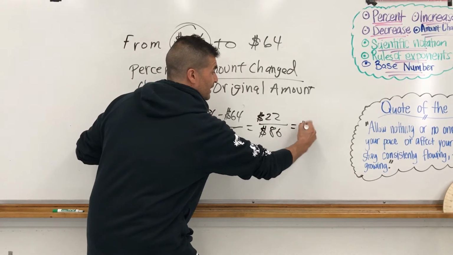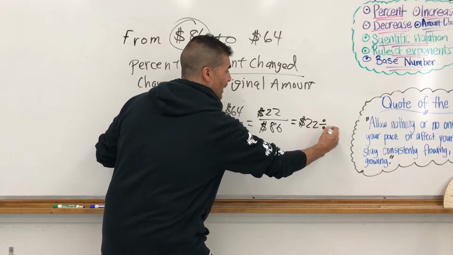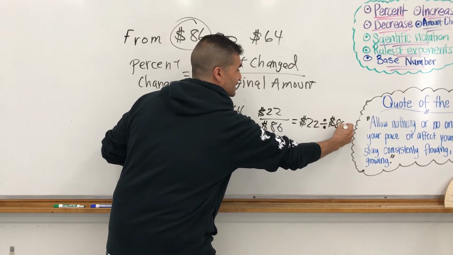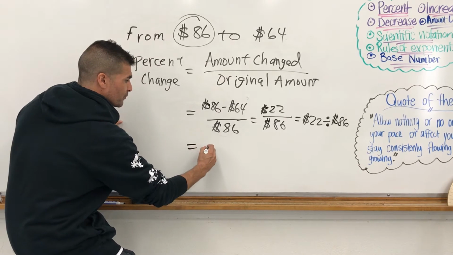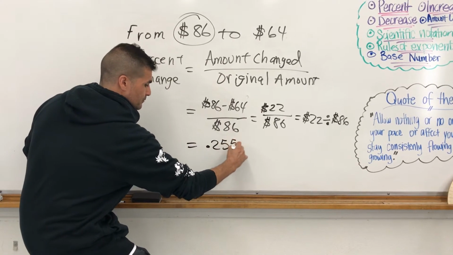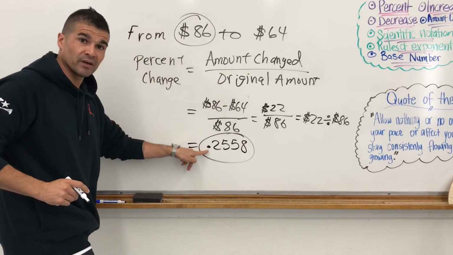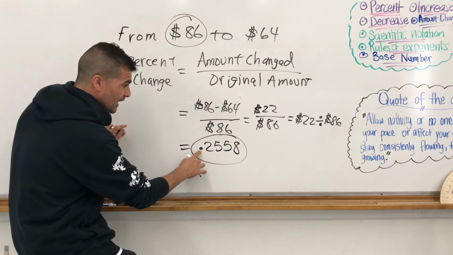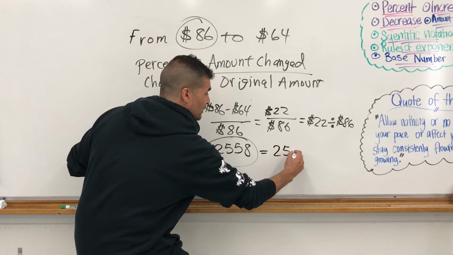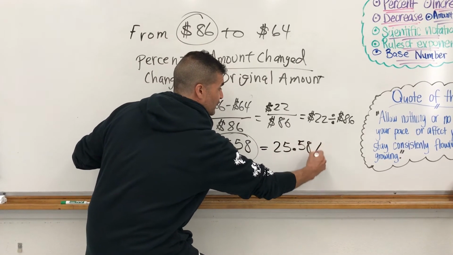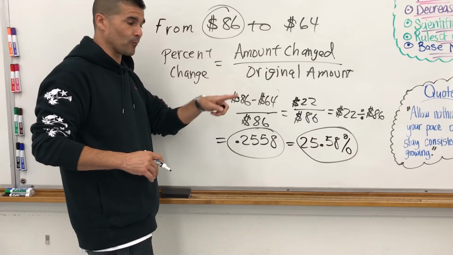If you do this in a calculator, $22 divided by $86, this is going to give you this decimal. This decimal isn't the percent. You actually have to take the decimal and move it 2 times to the right. So this is going to be 25 58/100% that you actually went down.